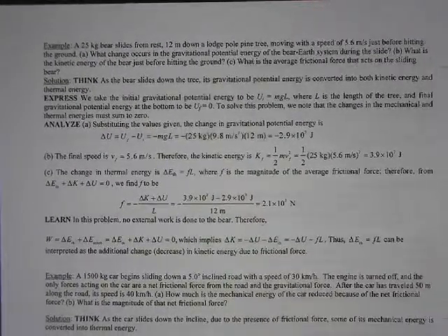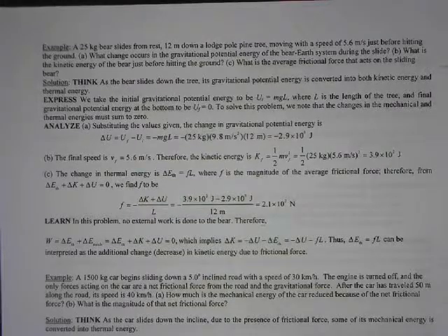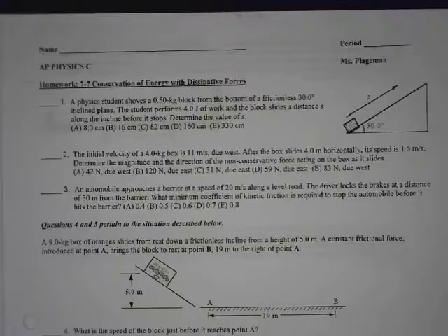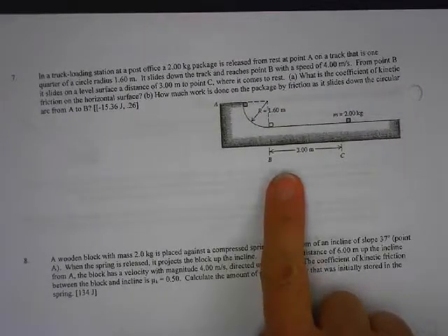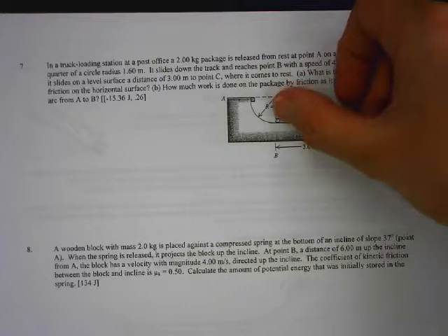There are some examples on the worksheet, and we'll look at the homework. This is a classic physics problem, because see how it has the R, so you have a change in height from here to here.